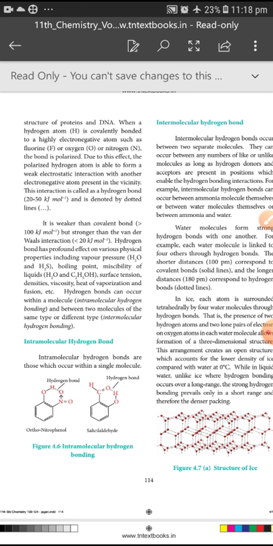Water molecules form strong hydrogen bonds with one another. For example, each water molecule is linked to 4 others through hydrogen bonds. The shorter distance, 100 picometer, corresponds to the covalent bond, the solid line, and the longer distance, 180 pm, corresponds to the hydrogen bond.